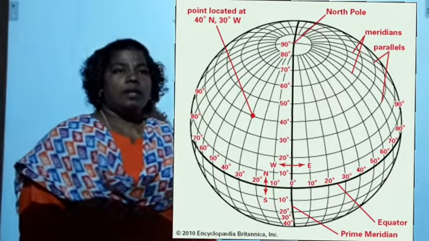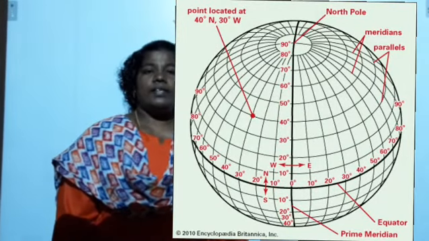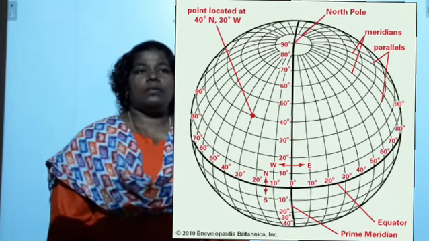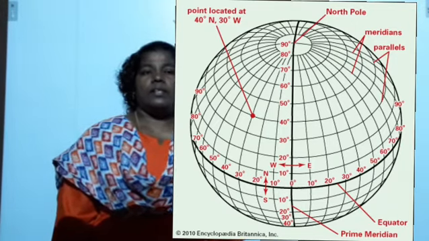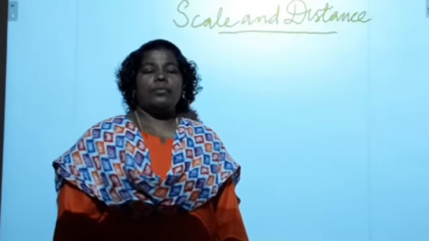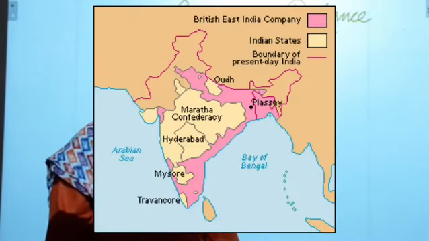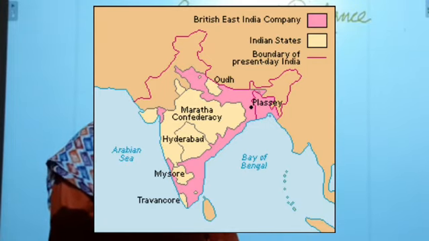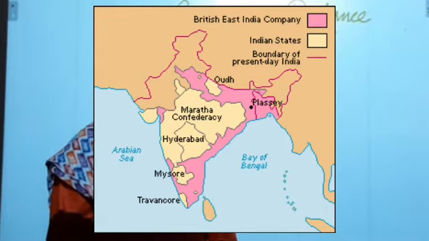Okay, and title tells us about the topic of a lesson or the title of a lesson. For example, political map. Okay, which it shows the boundaries of countries, national borders, state borders and district borders.